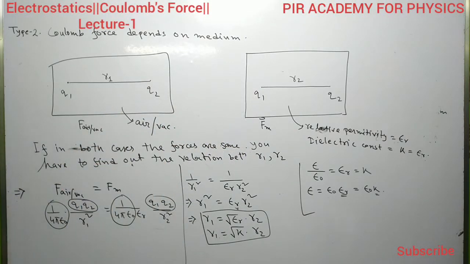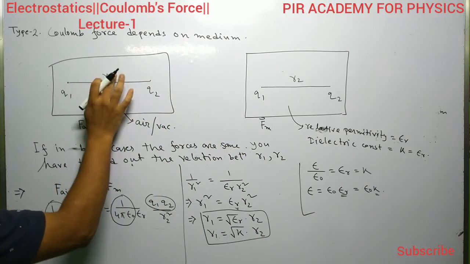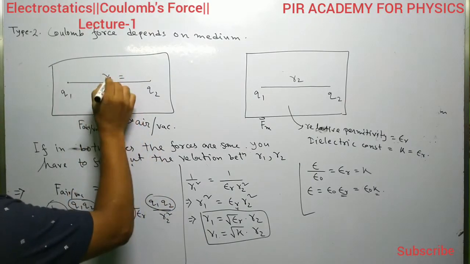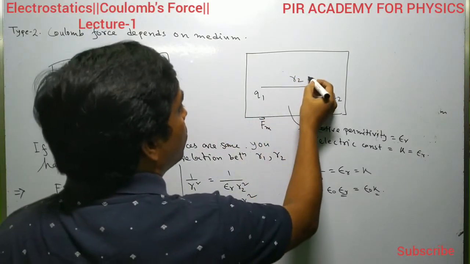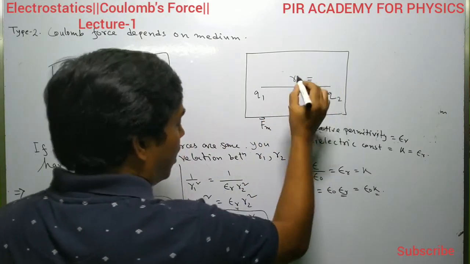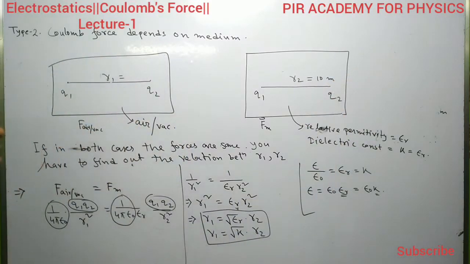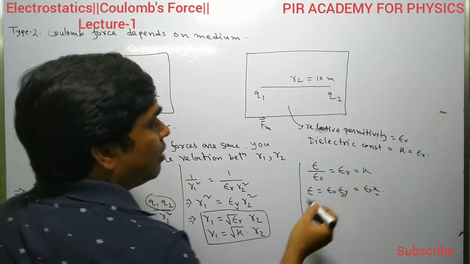Suppose here is r1 and here is r2. Suppose r2 is 10 meter and k is 9.